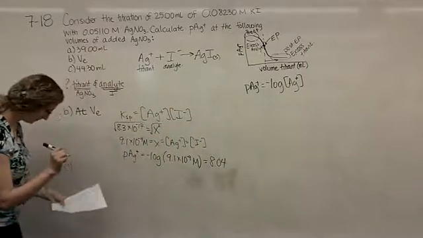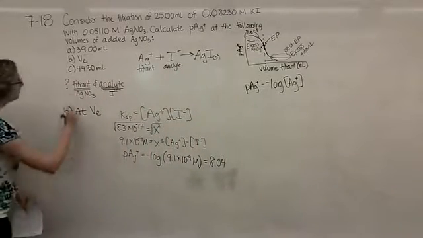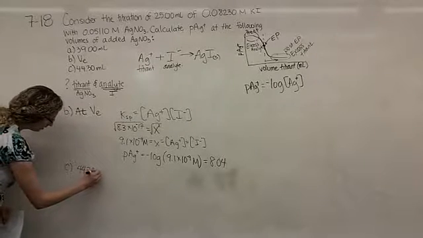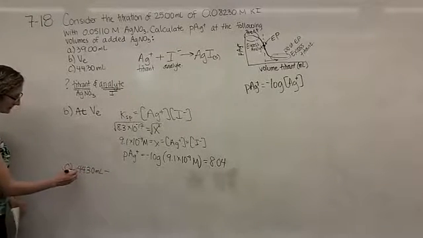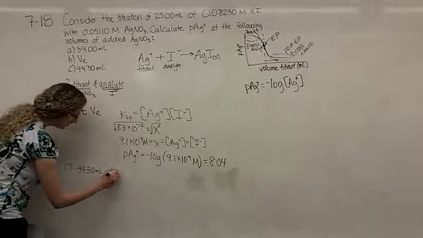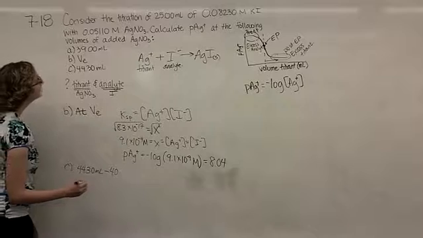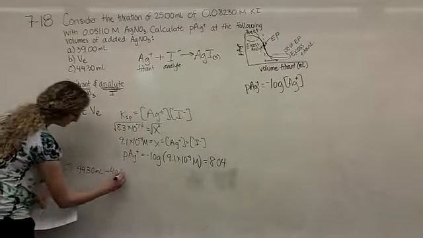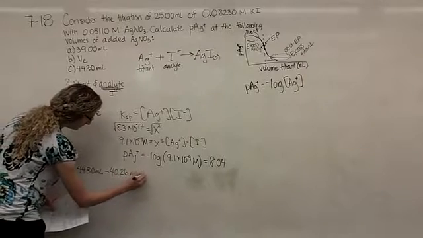So if we find the volume that's in excess, we have 44.30 is the total that we added, the total of our titrant, minus the volume at our equivalence point, which is 40.26 milliliters.